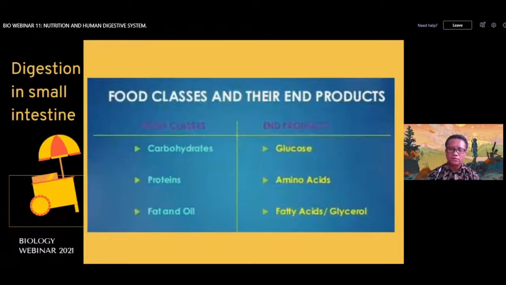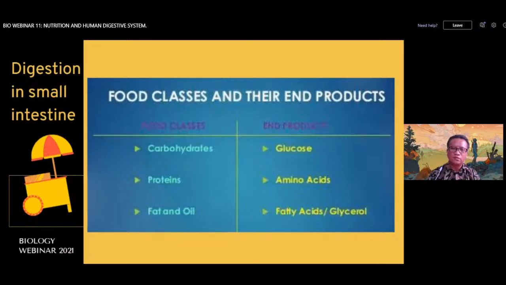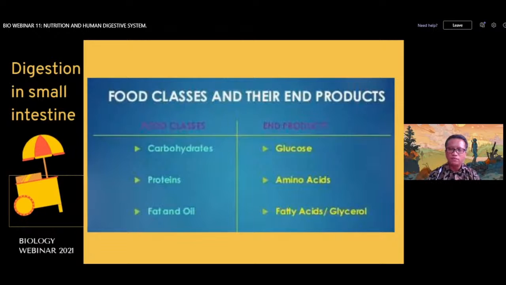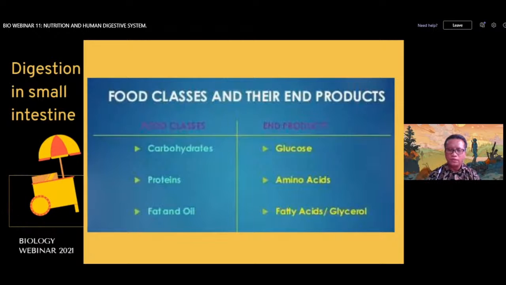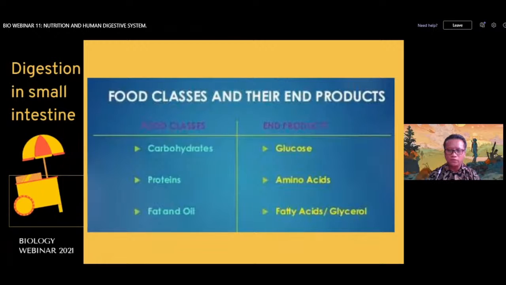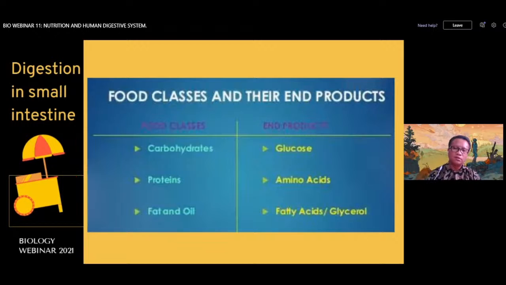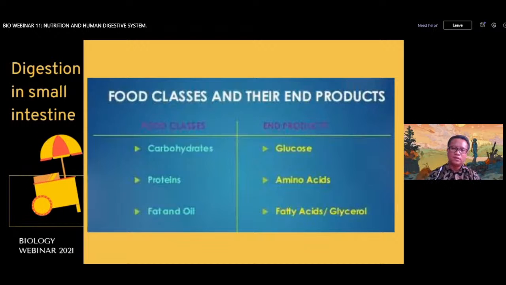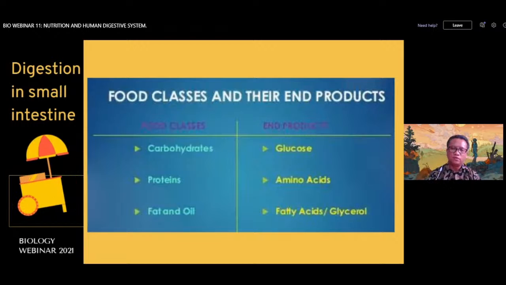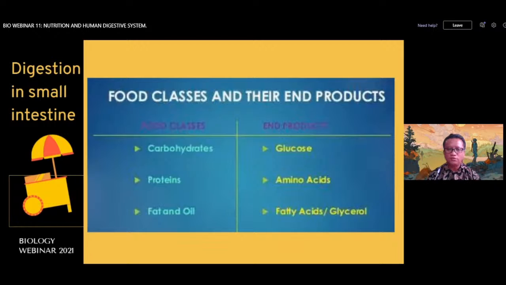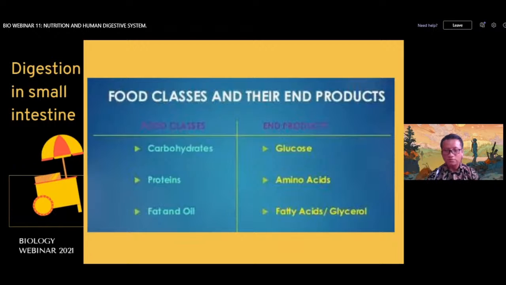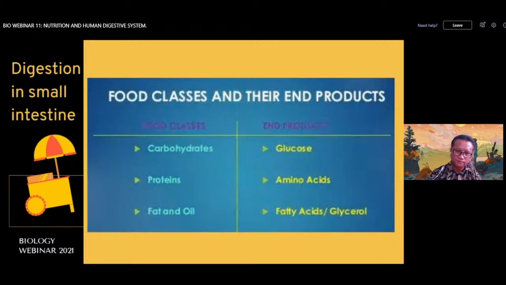Okay, so all of this is now in the simplest form, it cannot be broken down anymore because this is the basic unit, or we call it monomer. Okay, so once it is in the form of monomer or the basic unit, it is ready to be absorbed at the small intestine.